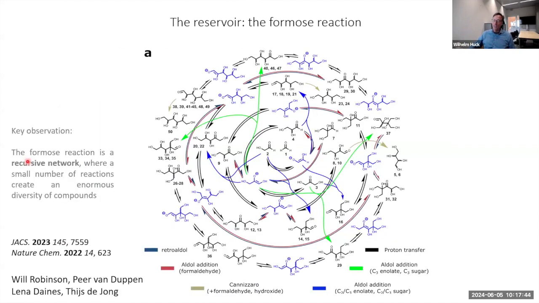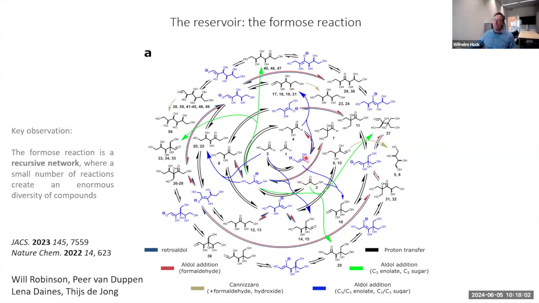And so the reaction network that we use is the network that I showed you on the previous slide. You start with formaldehyde, you add dihydroxyacetone, calcium chloride, and sodium hydroxide. So you run this in the presence of calcium hydroxide at pH 10, 12, 14, if you wish.